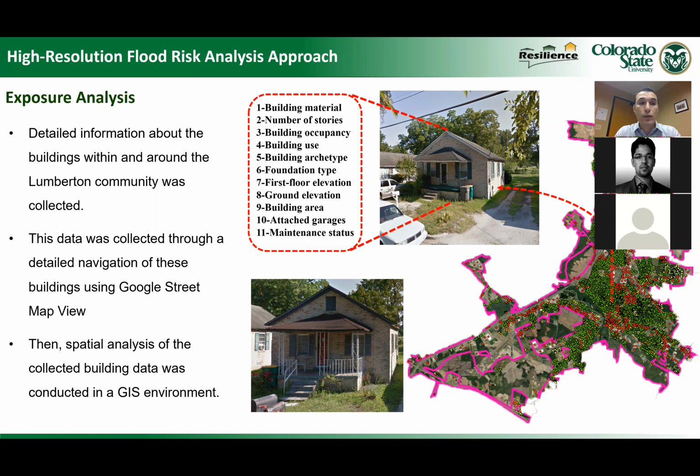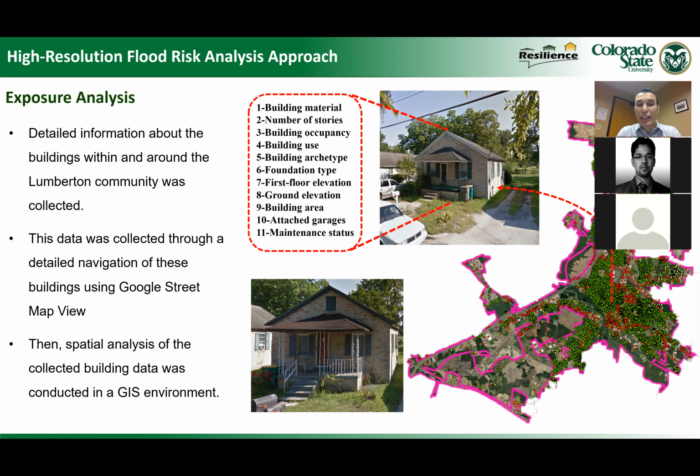So we used Google Street View to navigate the buildings within Lumberton, which are more than 20,000 buildings. We navigated them building by building to collect multiple pieces of information, including building material, number of stories, occupancy, use, archetype, first floor elevation, along with many other data.